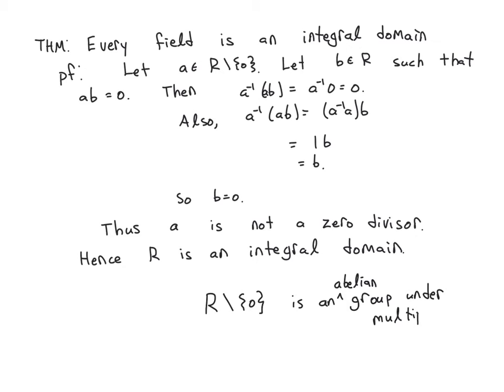And so from that fact, you know that there has to be a multiplicative identity because groups have identities. Also, it has to be commutative because it's an abelian group. And so remember, an integral domain is a commutative ring with unit that has no zero divisors. And so we have two of the three properties here, and this is the proof of the third property. Of course, I tend to emphasize the third property for integral domains because it's usually the hardest one to prove.